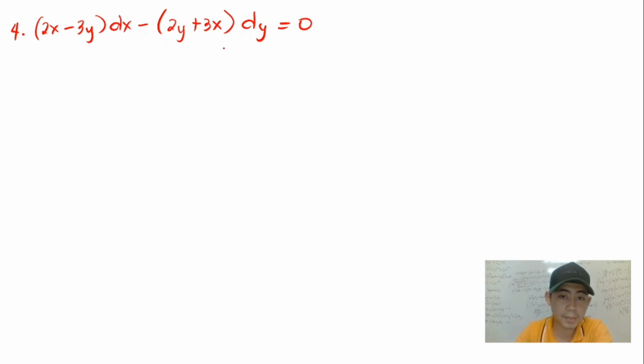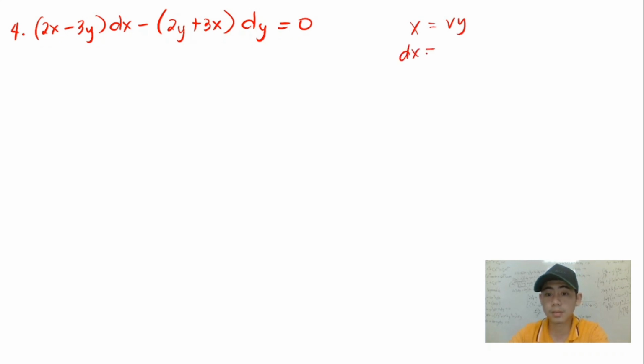Okay? So, this time, gamitin naman natin si x. Kasi kanina, sa first up to third example natin, ang ginamit natin is si y and dy. Okay? So, this time, gamitin naman natin si x and dx. Okay? So, ano ba si x and dx? So, x is equal to v times y.